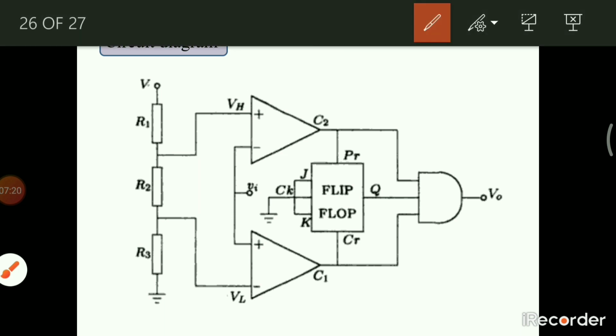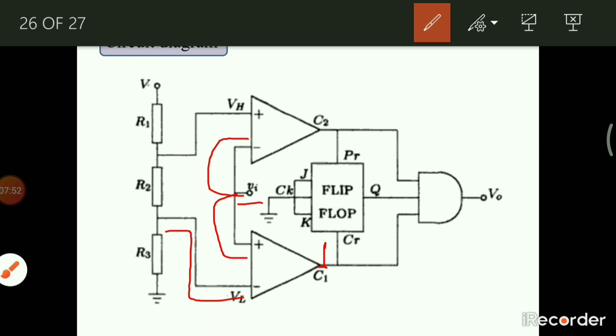So if you see here, let's say Vi is given to the positive terminal of the comparator and VL is at the negative terminal of the comparator. When the input voltage is more than the lower voltage level, at that time this comparator will give a set value, that is 1.